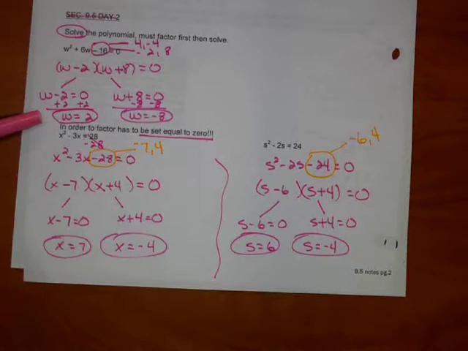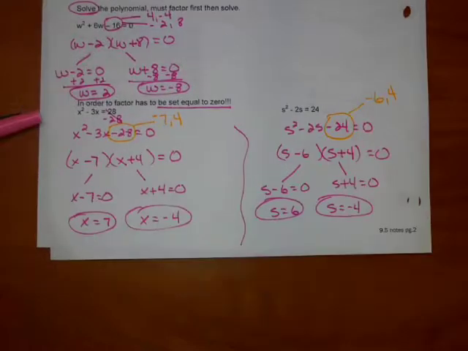No. Okay. Some people are. Don't look if you're not. Does it matter if it's flip-flop? No, you could write S plus 4 and S minus 6. That's fine, as long as your signs are the same. You know what I mean? The minus and the plus are with the same number.